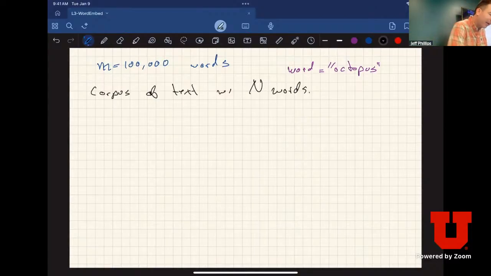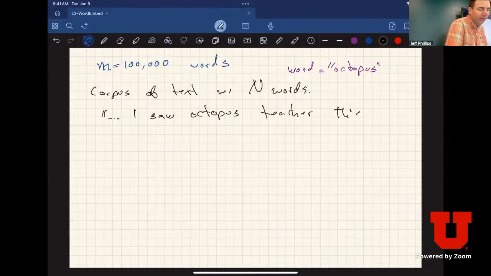Then some part of this text would be someone saying, I saw Octopus Teacher this weekend. It's a movie. And so the word octopus occurs somewhere inside of this long string of text.